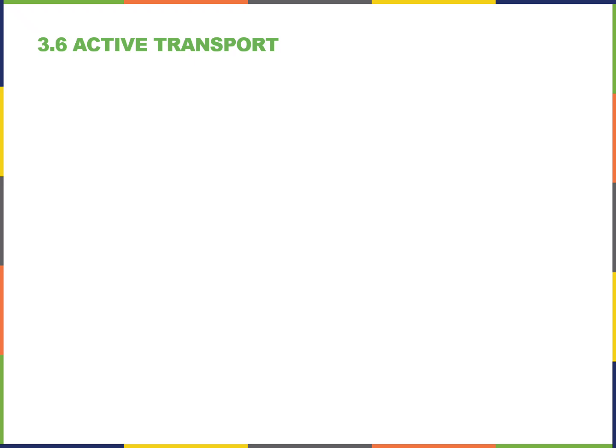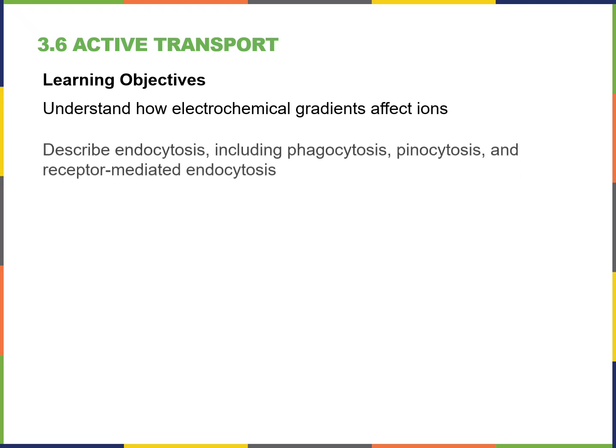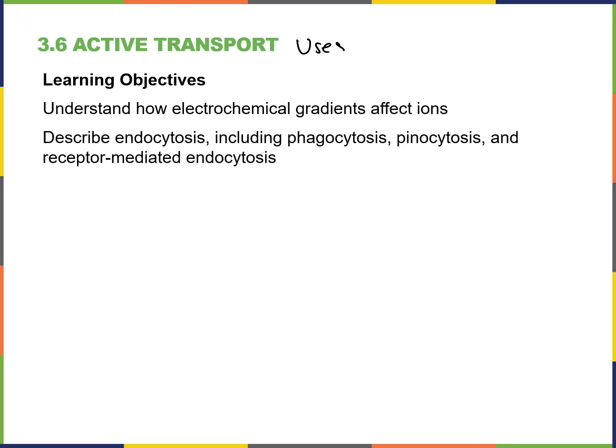And then the last thing that we're going to talk about today is active transport. Active transport is very similar to passive transport. The difference is that active transport uses ATP. All of the diffusion that we were talking about before does not use any energy to move the solutes.